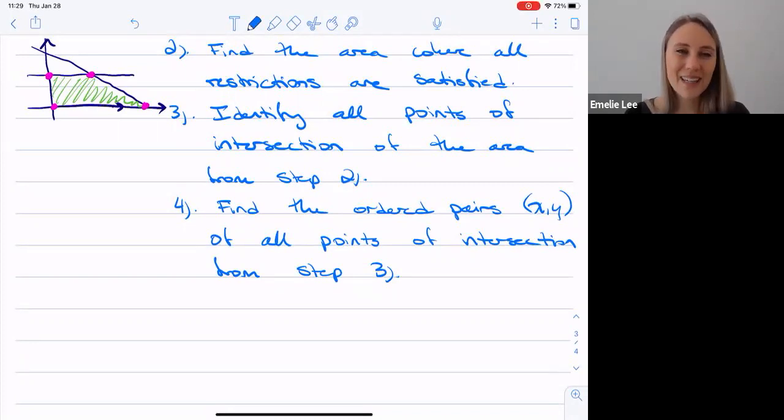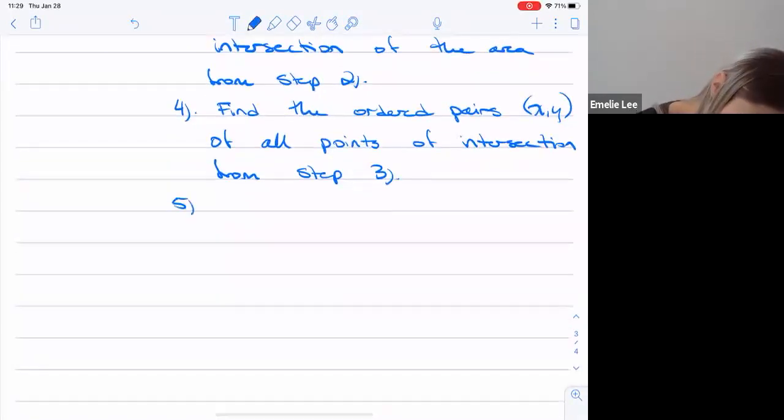And then your 5th step is the profit function. So that's the first time that the profit function comes into play. The profit function will be maximized at one of those XY coordinates, okay?